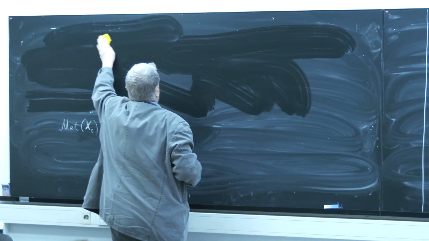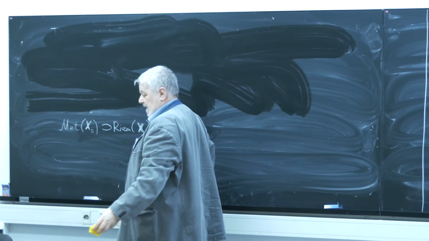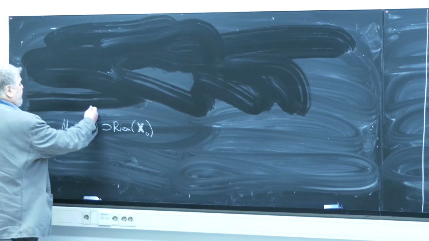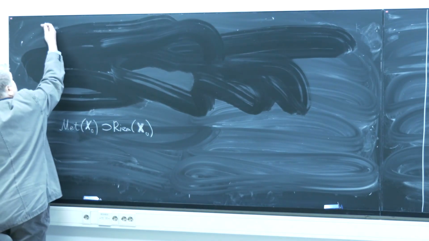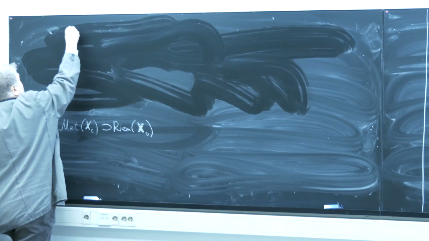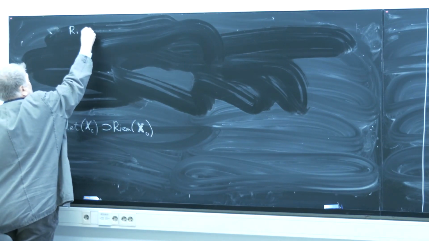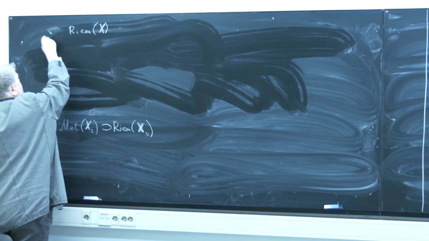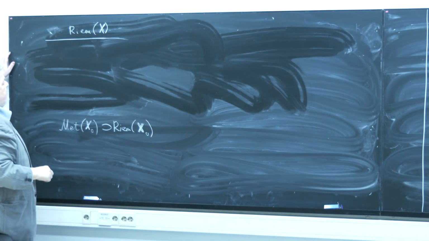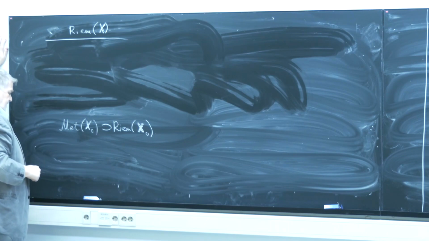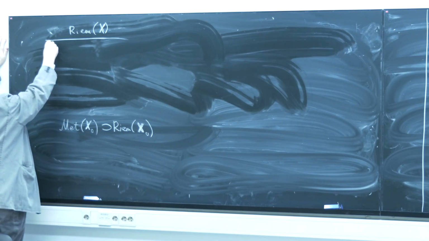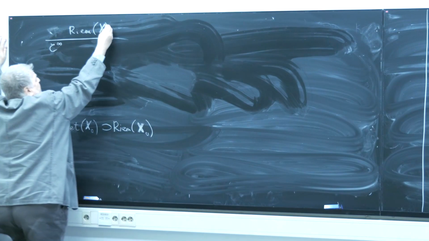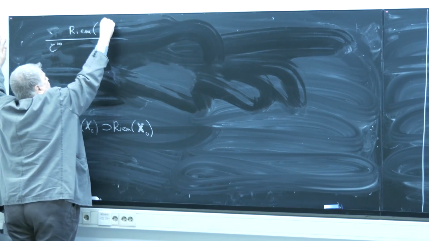Well, I have to remind the purely set theoretical, group theoretical structure. So on the set of Riemannian metrics, we have the action of two groups. First, write them separately. It is C infinity.